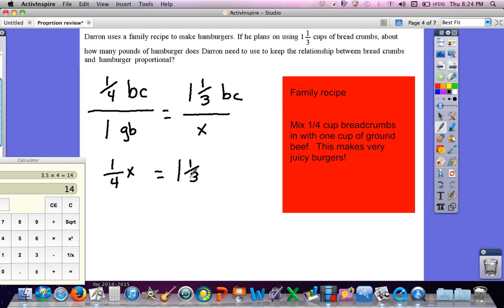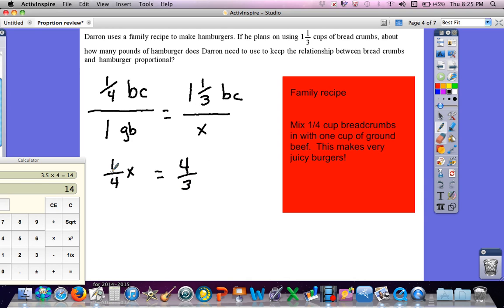Now, because I'm using fractions, I want to try and make this a little bit easier for myself and use an improper fraction. 1 1/3 is 4/3.